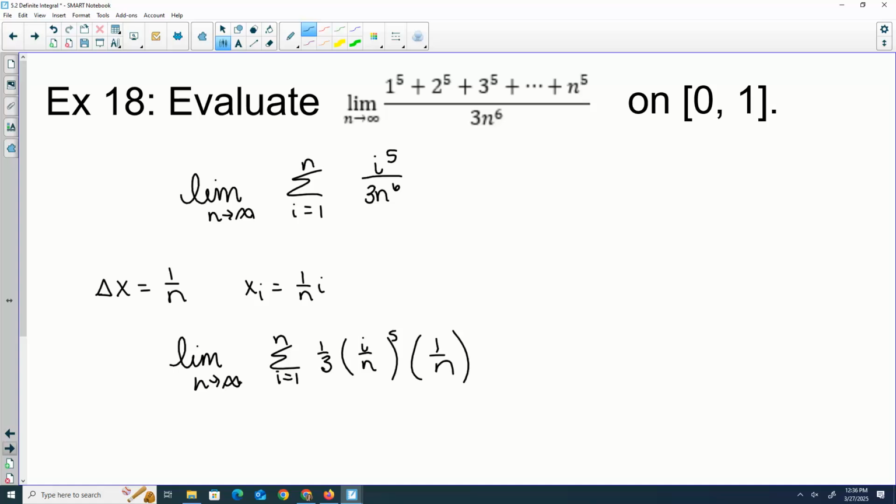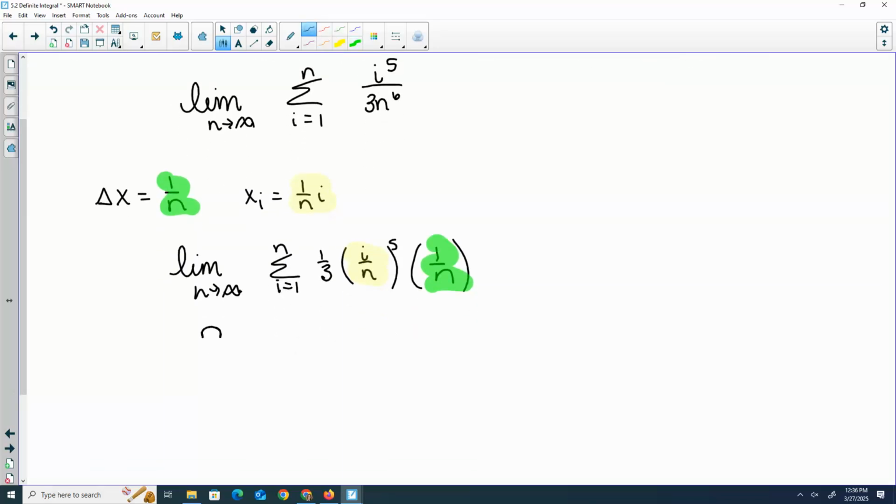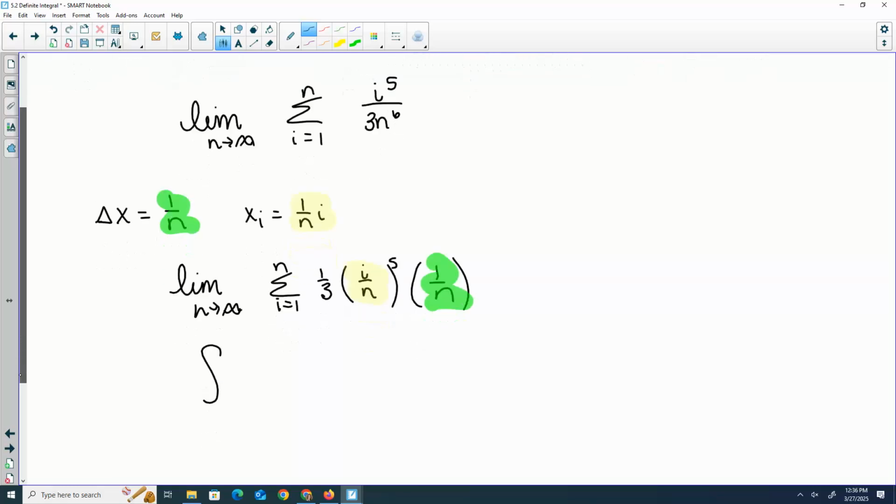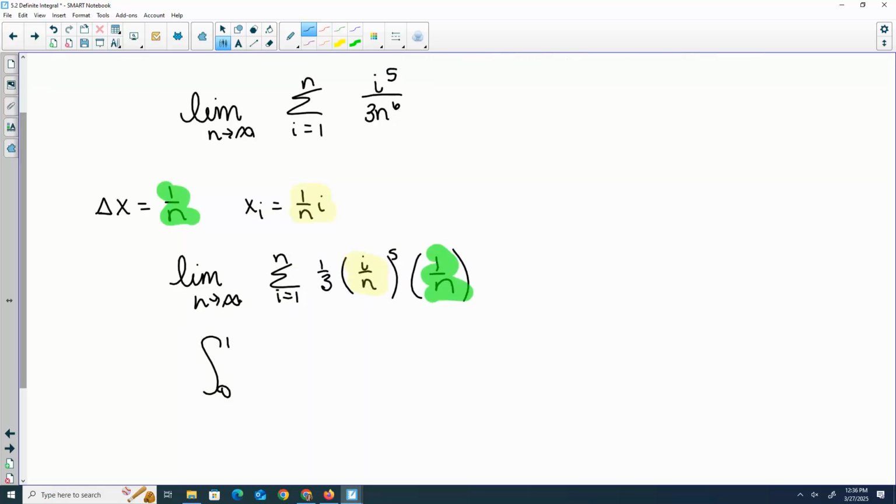But what is i over n? x. So that's going to turn into my x. My 1 over n is my dx. So we have the integral, again from 0 to 1, of 1/3 x to the 5th dx.